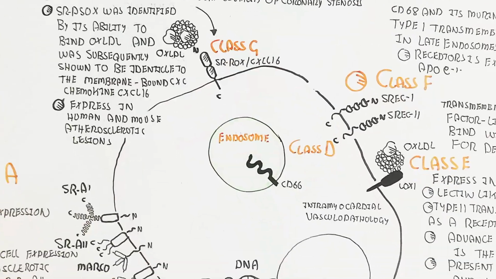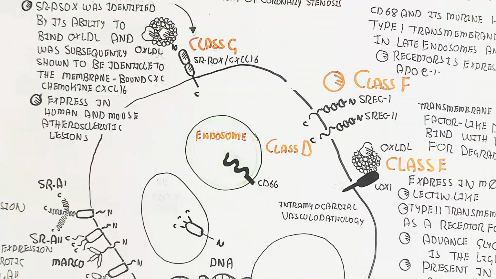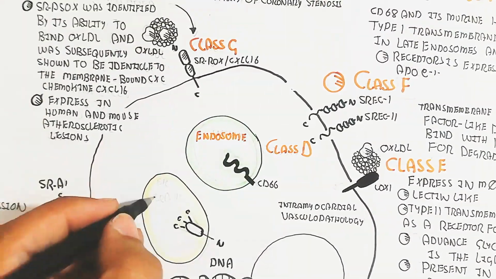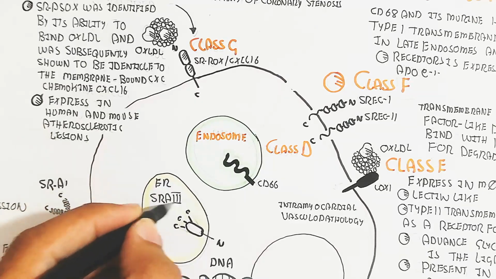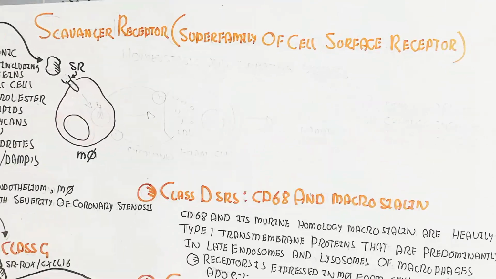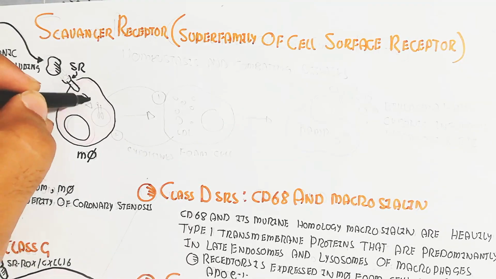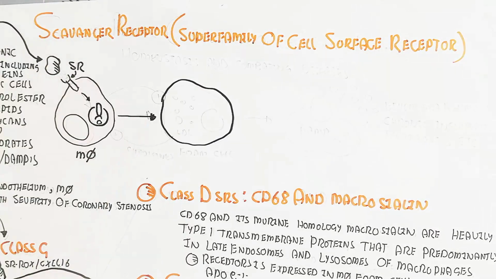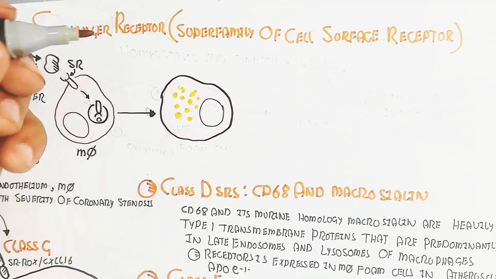So anyhow, class G contains the Scavenger receptor SR-PSOX and CXCL16, and this contains two domains, remember. It is important for homeostasis and combating disease, and macrophages are involved in cytokine production.